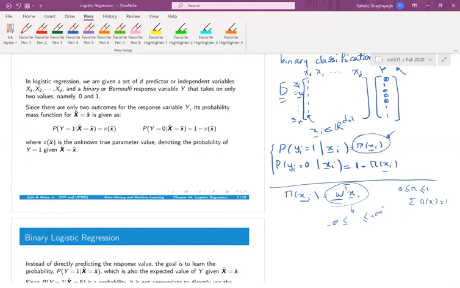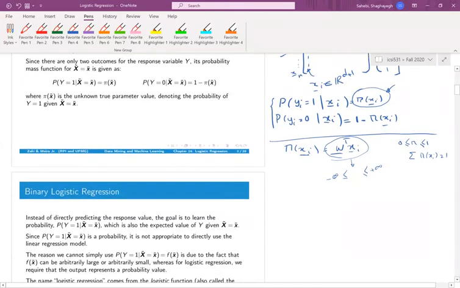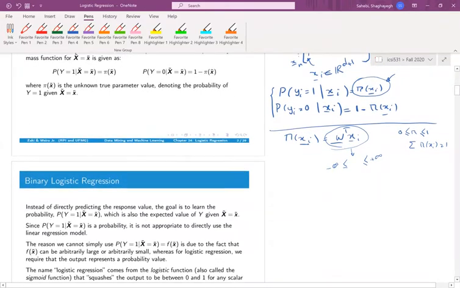What kind of function can do that? Well, there are different kinds of functions that can do that, but what we are going to choose for logistic regression is a sigmoid function. Okay, what is a sigmoid function?